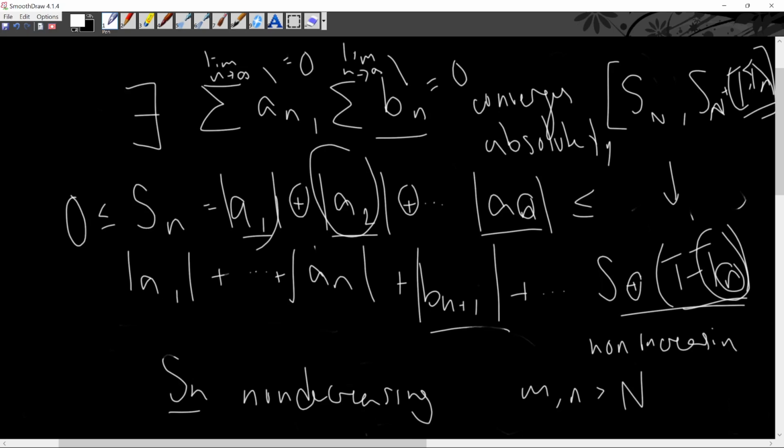So s sub n, or the partial sum up to n, which is again what this series is. The series of a sub n, this infinite series, is s sub n as n approaches infinity. So since this is bounded, and since these bounds are decreasing, I will talk about how this works. This is called a Cauchy sequence.